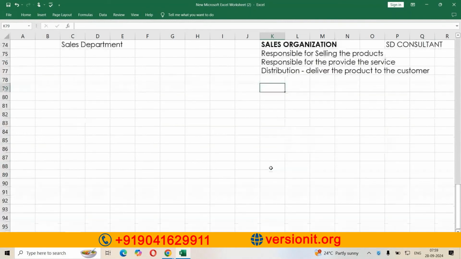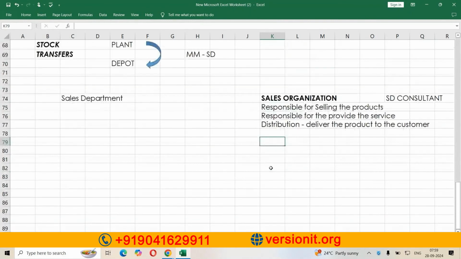Now, how many sales organizations can we have? Multiple. There is no restriction that we need to have only one sales org. Let's say I have two sales organizations. One sales org takes care of domestic sales, and one takes care of foreign trade. I'm just taking this as an example.